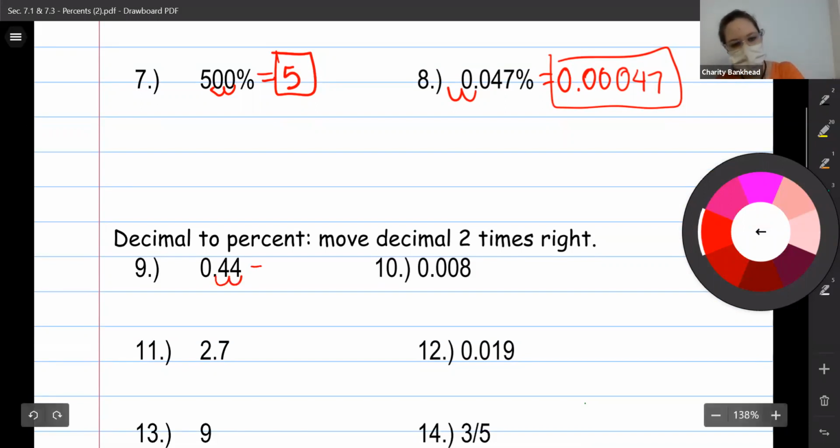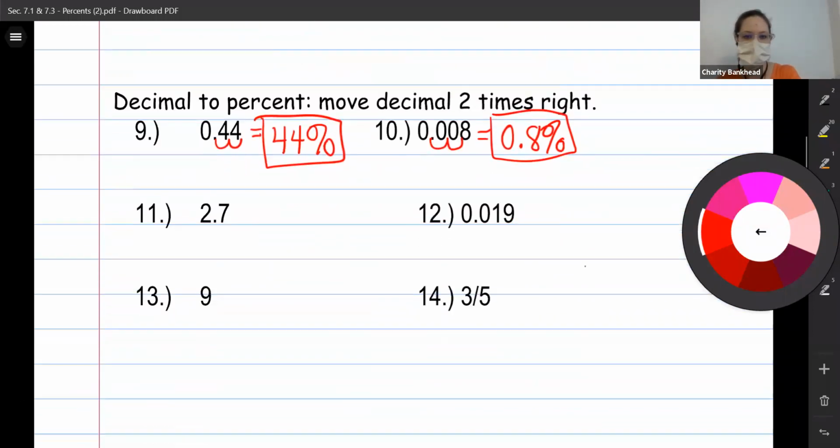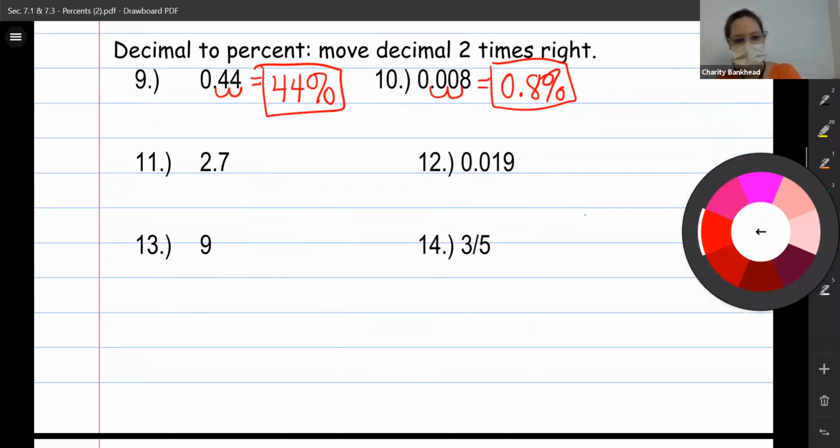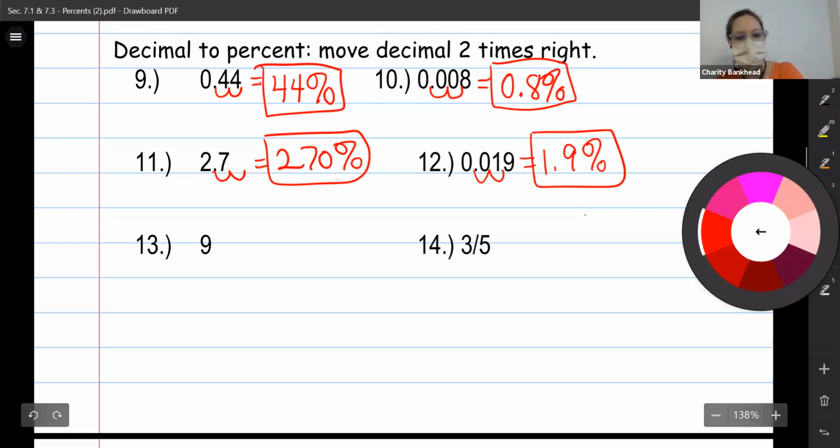So 0.44 equals 44%. 0.008 equals 0.8%. 2.7 equals 270%. 0.019 equals 1.9%. 9 would equal 900%.